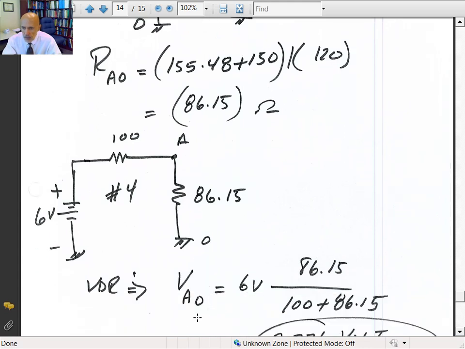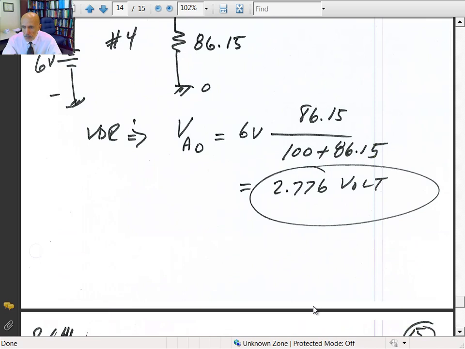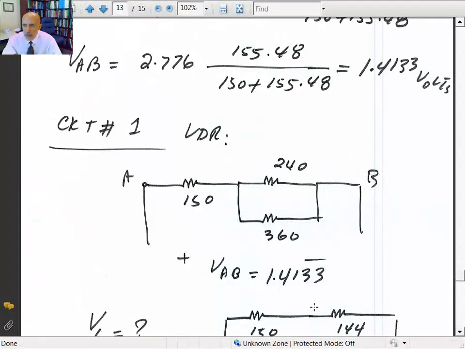So if I use the voltage divider rule, I can calculate how much voltage I have from A to the ground as 6 volts times 86.15 divided by 100 plus 86.15. That gives you 2.776 volts. So I go back to the circuit.